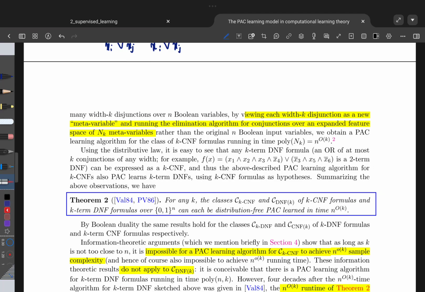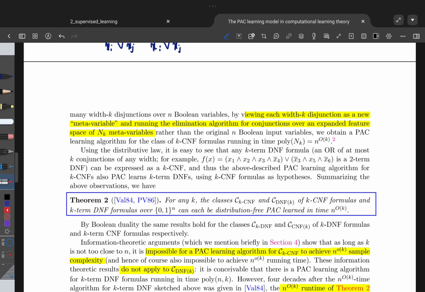So if we look at KCNF formulas or KDNF formulas, then there exists a simple algorithm, simple in the sense that it's simple to describe, that operates in time that grows as n to the order of k. If k is a constant, then this is polynomial in n. But if k is also allowed to grow with n, then this is no longer polynomial in n.